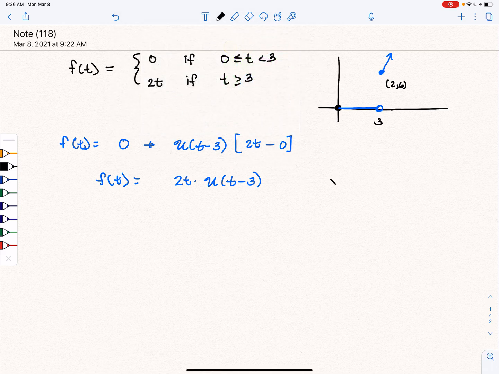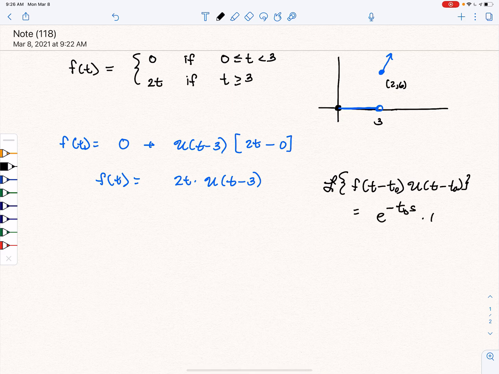So we have the Laplace transform of f of t minus t0 times the unit step t minus t0. Again, this is just the shortcut formula: it is e to the negative t0 s times big F of s, where big F of s corresponds to f of t as it was.